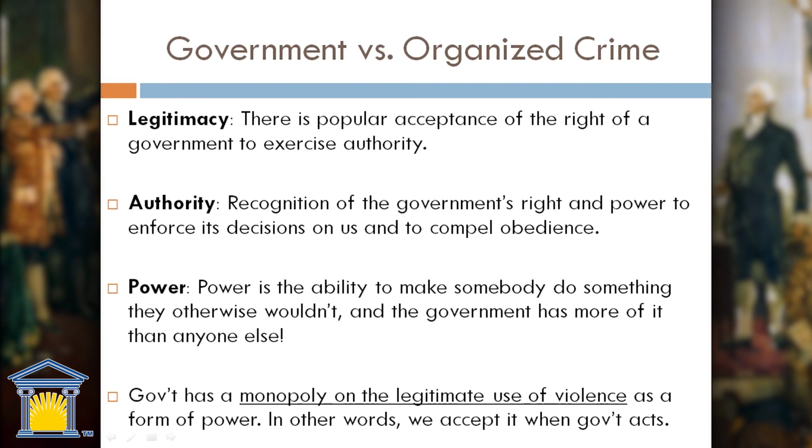Governments also have authority, right? It's not enough to have people recognize your right to exercise authority. You need the authority itself. And when I say authority, what I mean is the government's power to enforce its decision on us or to compel obedience within a certain area. Sometimes this is also called jurisdiction, right? Governments have the authority to control certain forms of activity.